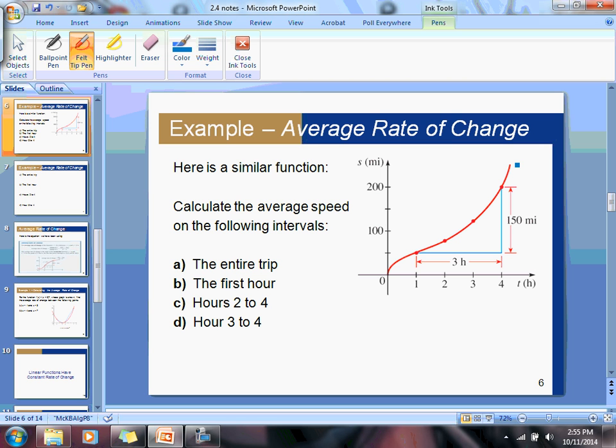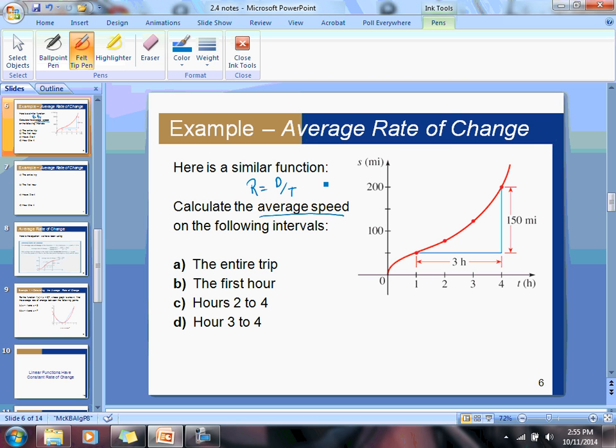They want us to calculate the average speed. So again, we would need our distance over time. We're finding our speed or our rate, that would be our distance over our time. So we're using that same concept that we had before. For part A, they want us to find the average speed for the entire trip.